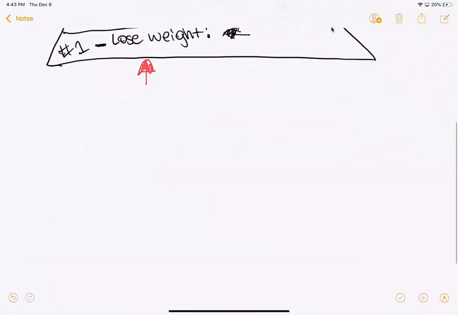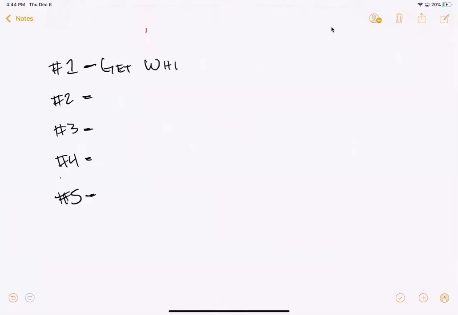So let's go, I'm going to scroll up and we're going to do stage 1 for a couple different things. Like for teeth whitening, stage 1, stage 2, stage 3, stage 4, stage 5. For teeth whitening, stage 1 would be, I'm gonna draw these dashes out, get white teeth.